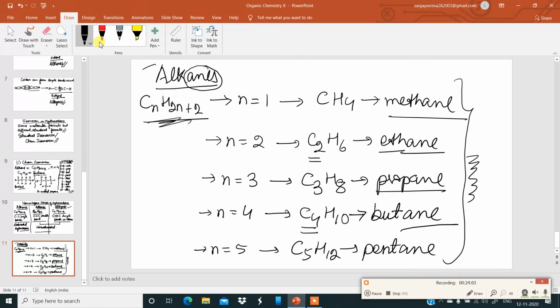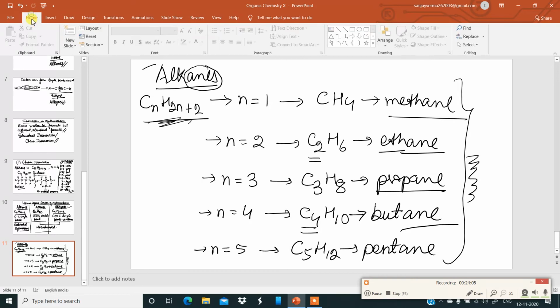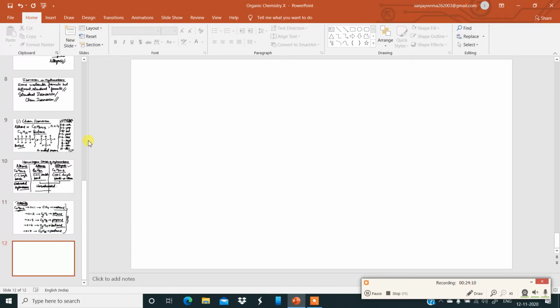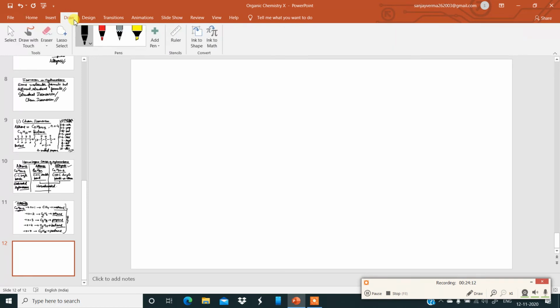Now, the next thing is regarding alkenes. Let me give you an idea about alkenes also. In the case of alkenes, we know the general formula is CnH2n.